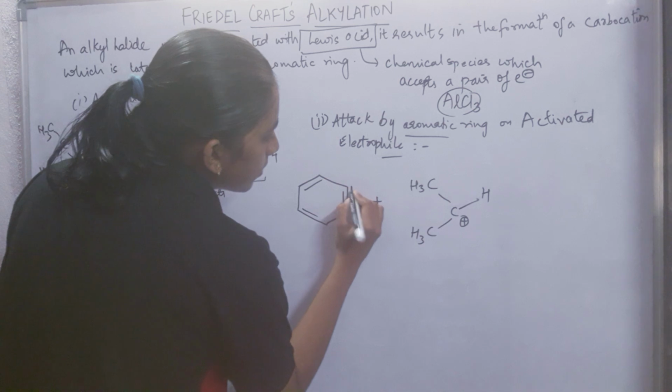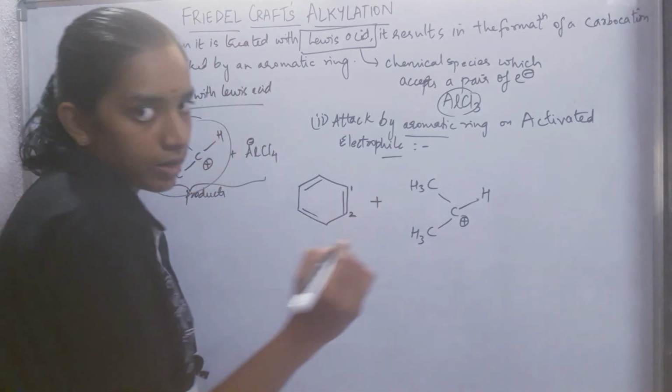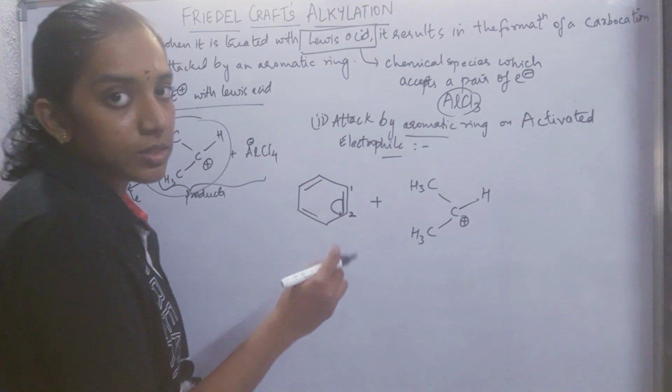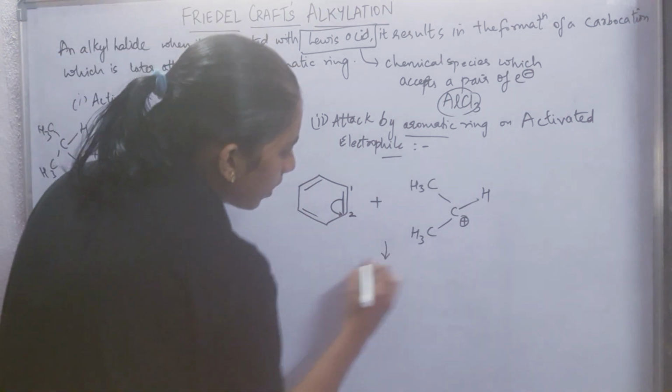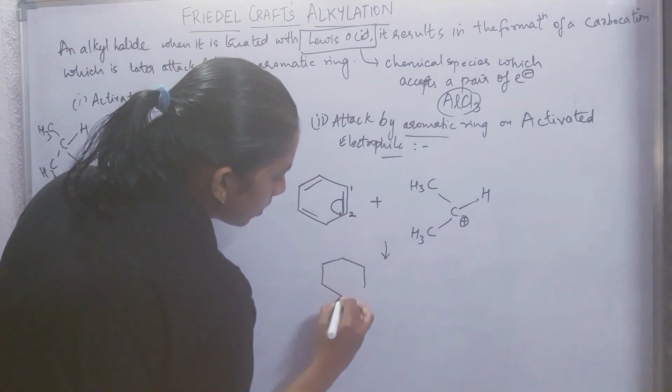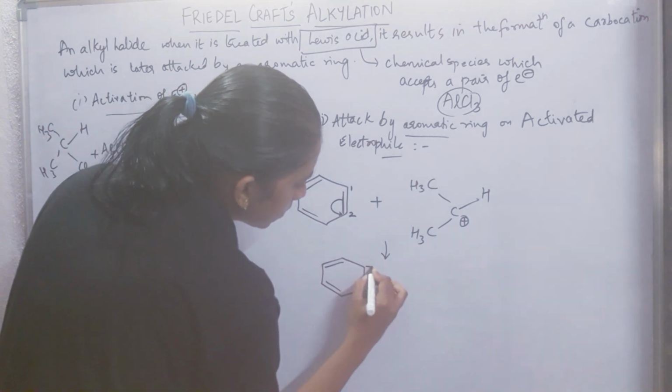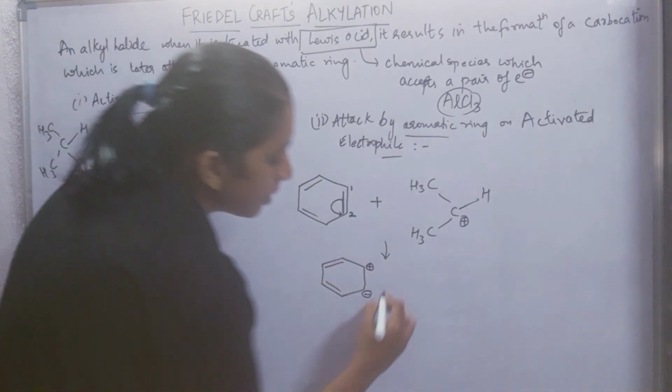Let us take this carbon as the first one and this as the second carbon. The double bond here is taken by the second carbon and will give us a negative charge on the second carbon and a positive charge on the first carbon.